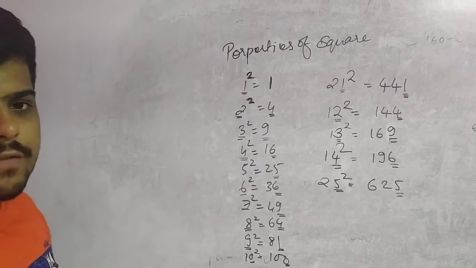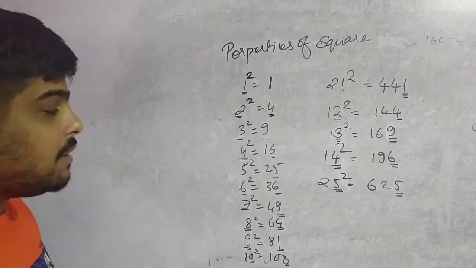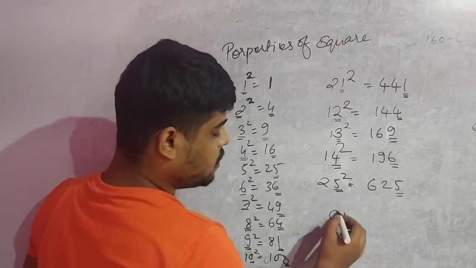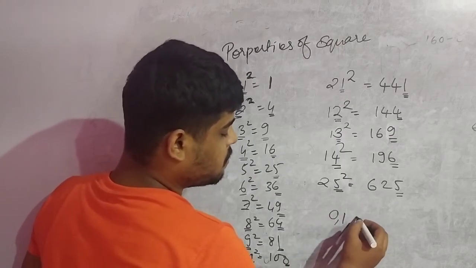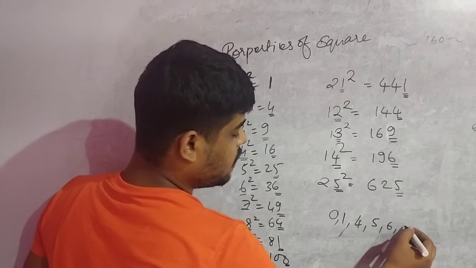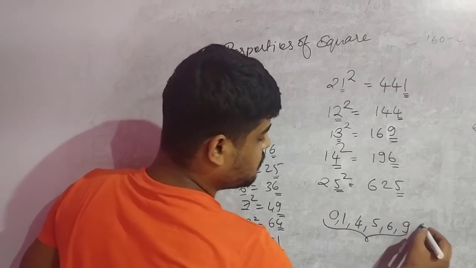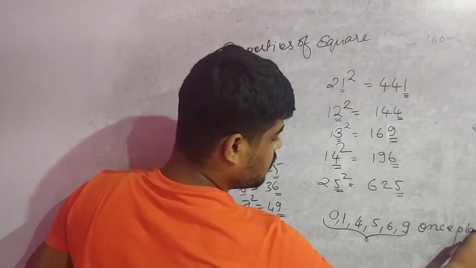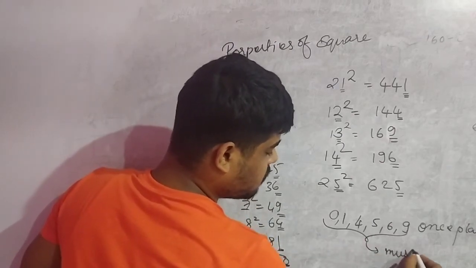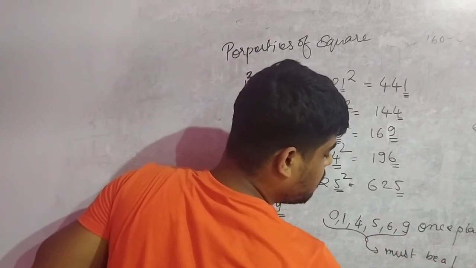So this is the property of the square we discussed in the previous class, and we also discussed that if the number contains 0, 1, 4, 5, 6, 9 in its ones place, then it may be a perfect square. हमेशा नहीं होता है, it may be a perfect square.